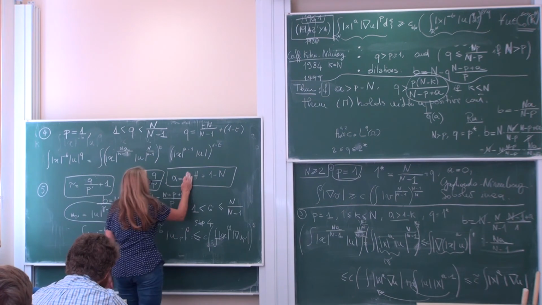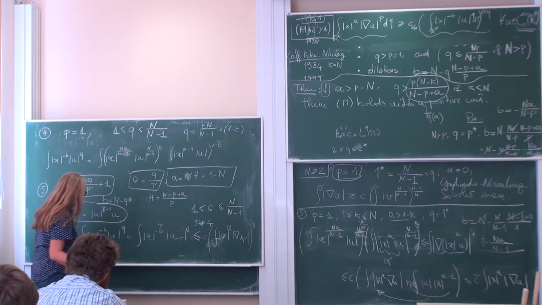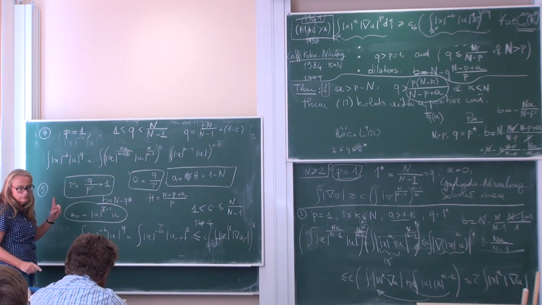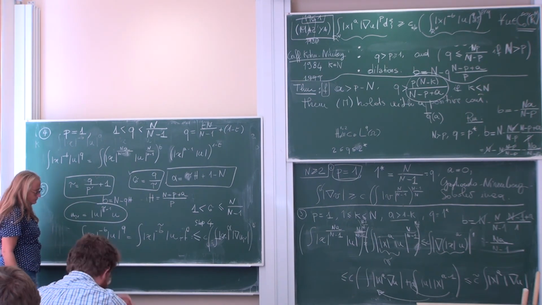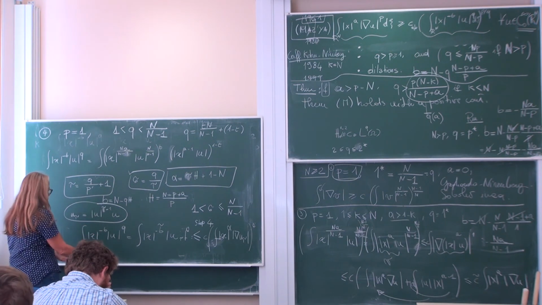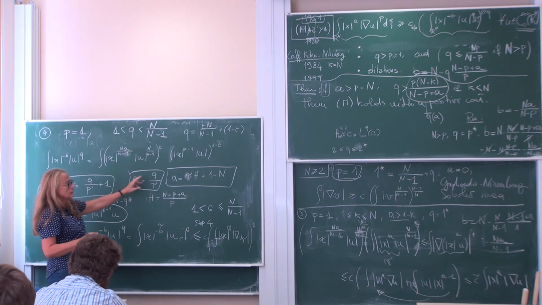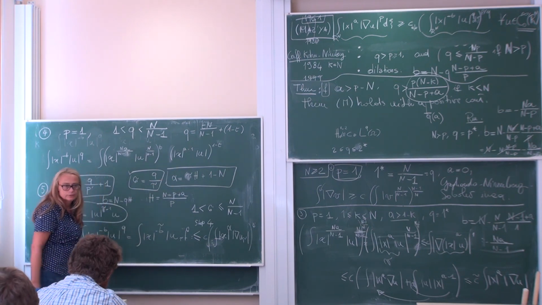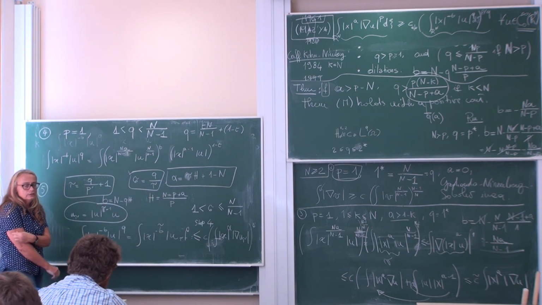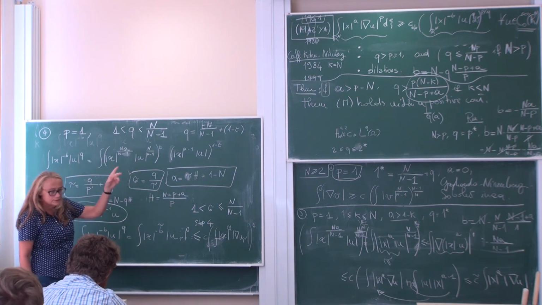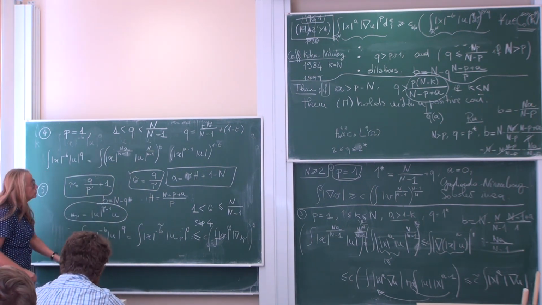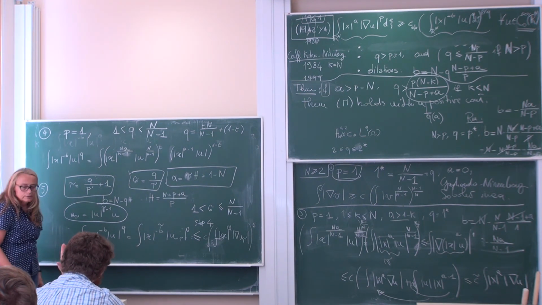Because I wrote here t and here tau, as usual. And then, believe me, you just have to make a nice choice of all those parameters, and finally, thanks to the assumptions you made, everything goes well, and you get the whole proof.